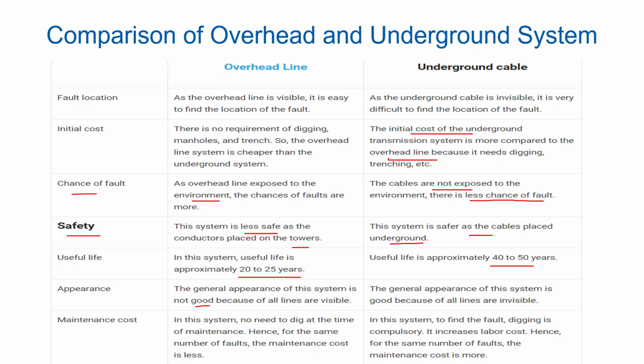The maintenance cost of an overhead system is less compared to the maintenance cost of underground system. The maintenance cost in underground system is more.